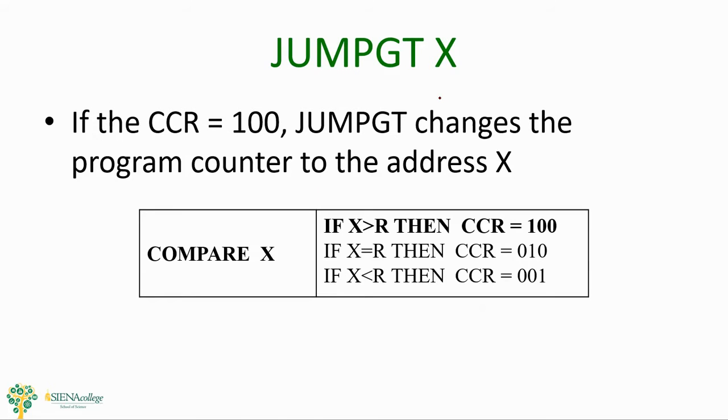The jump GT, the jump greater than, looks at the CCR. If the CCR contains the value 100, then the jump GT instruction will change the program counter to whatever value we specify at X. If the CCR has a value other than 100, then the program counter is not changed.